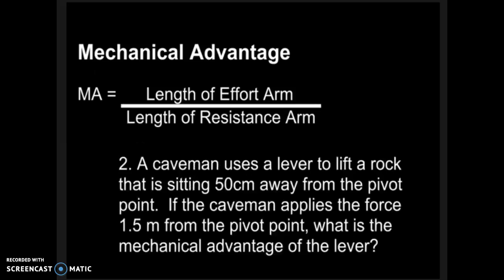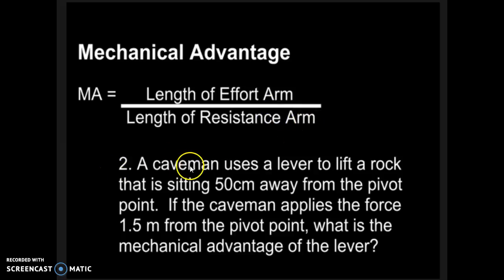Now we have one more formula because we know that the length is also going to adjust our force needed. We've kind of flipped this equation because we look at the length of the effort arm over the length of the resistance arm. Your effort arm should be the longer one, the one that you're doing a longer distance for, and the resistance arm should be the shorter distance, what the machine does to your object.